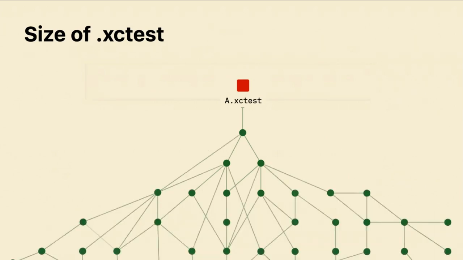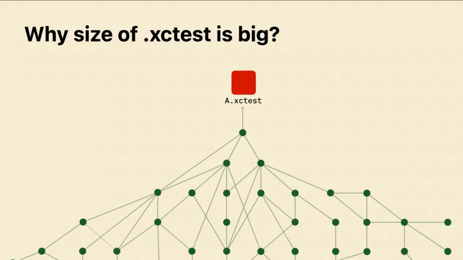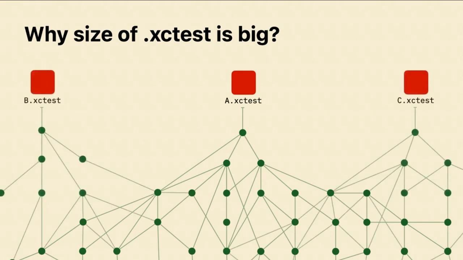But if the dependency graph becomes much bigger, the final size of the xctest bundle can also grow dramatically, potentially up to a few hundred megabytes just for one test bundle. And usually, even in small projects, we don't have just one test bundle, but we have more. For big projects, it may be more than 10, 50, or even 500 test bundles.